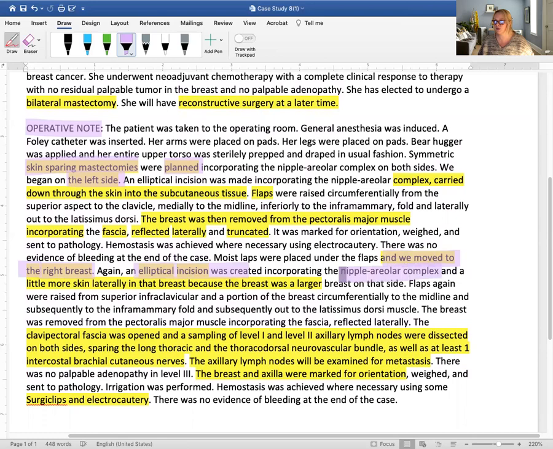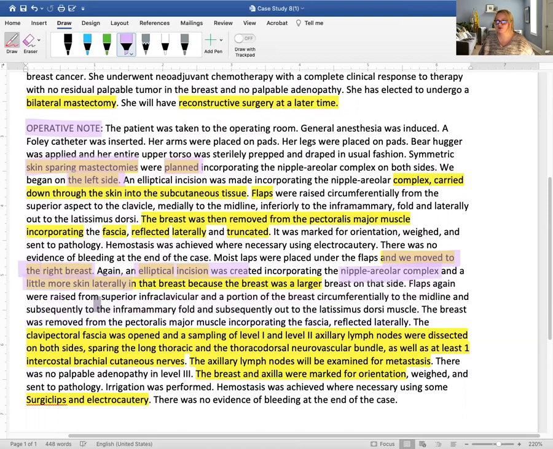Again, something you might want to look up if you're not familiar. And a little more skin laterally in that breast because it was larger. Okay, so you may have to read through the previous note to see what they mean by more skin, because they're talking about how much skin is taken or incorporated for this particular procedure.